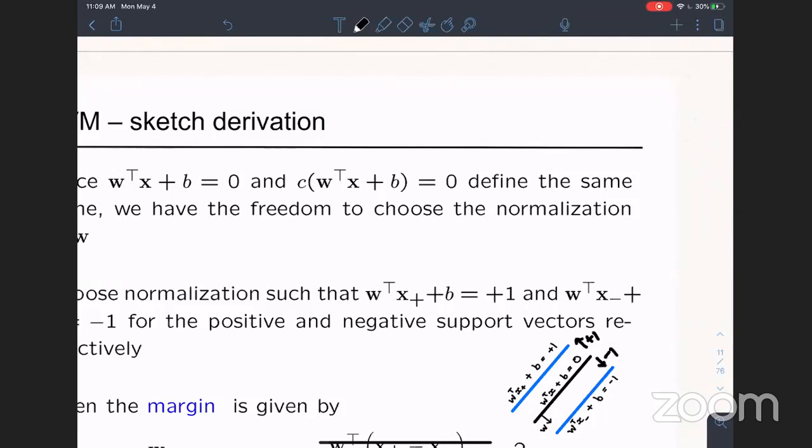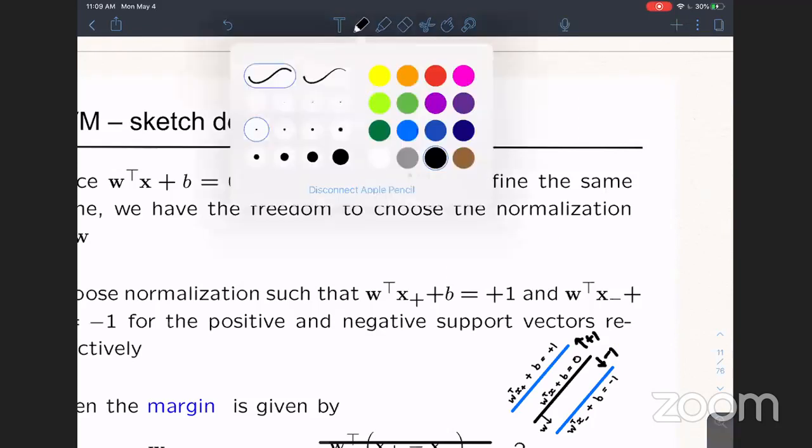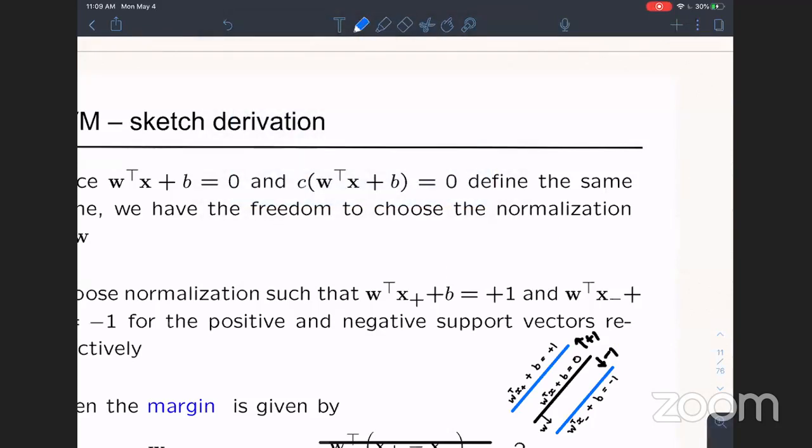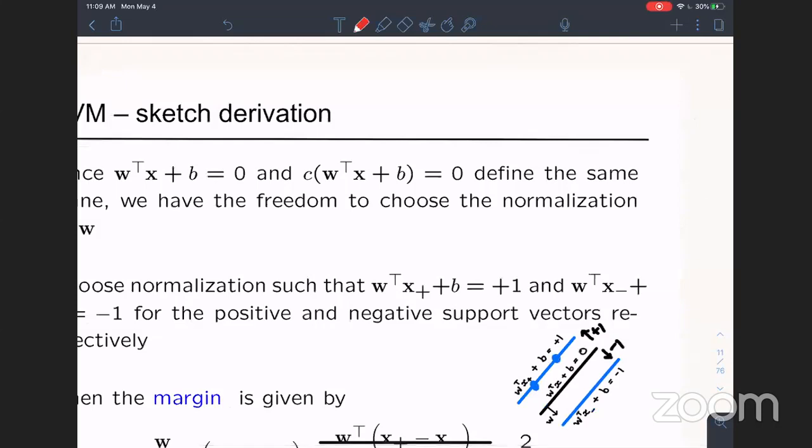So we can say that if there are any blue points sitting here, which are the frontline warriors, like a line of defense, right? So let me draw it with a red line.